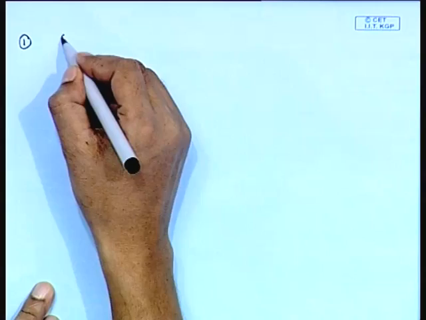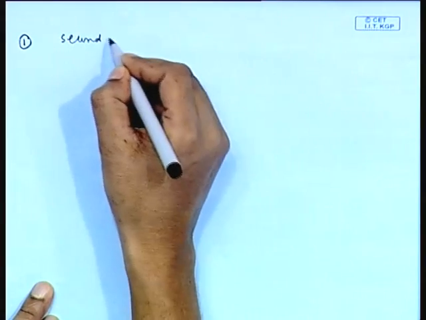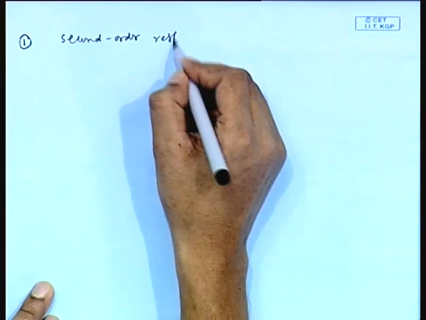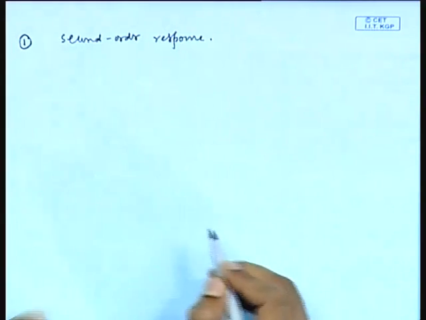By connecting two first order liquid tanks in series, we obtain the overall response as second order response. So, the overall response is second order response.